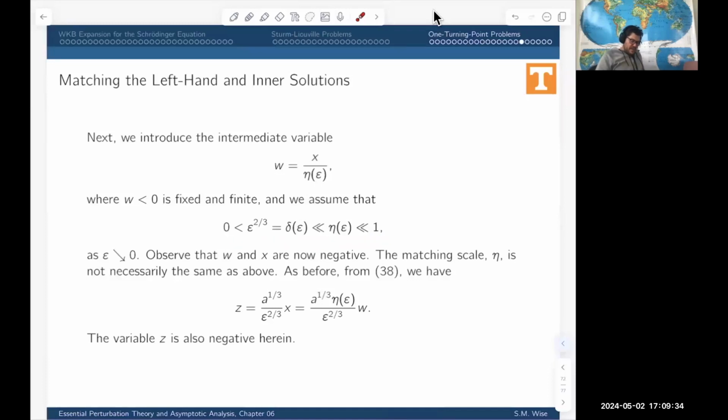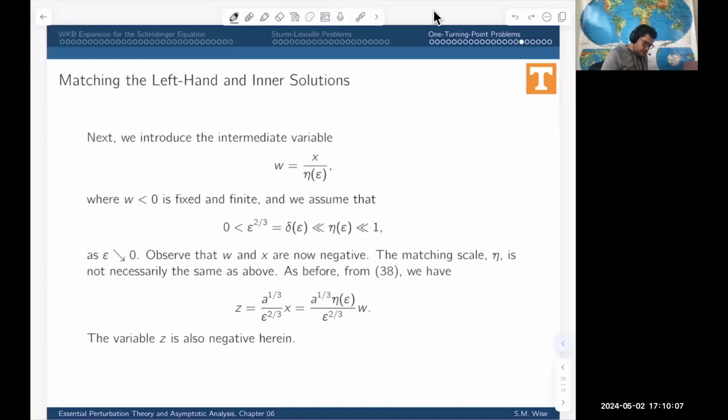Now, keep in mind, this eta does not have to be the same as the eta that we had on the right-hand side. So I could call this eta left. But that's too much. So eta on the right, eta on the left, it doesn't matter. Just recognize that they may not be the same. So again, z is exactly as it was before, but keep in mind that w and z are both negative in this case.